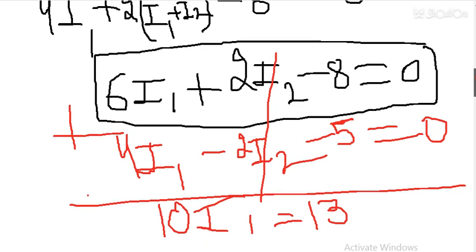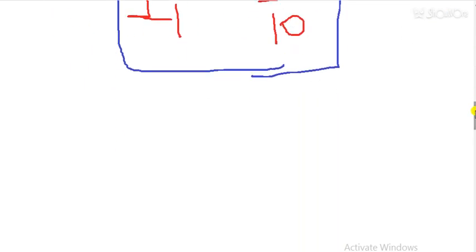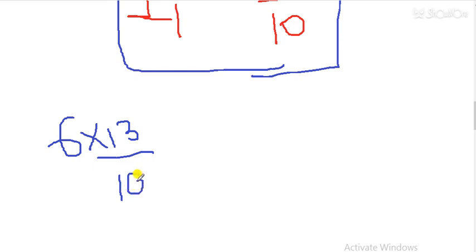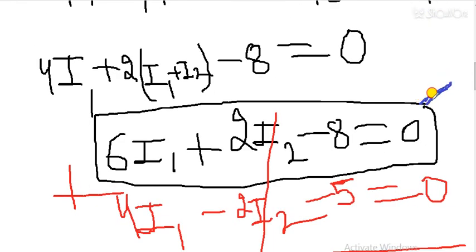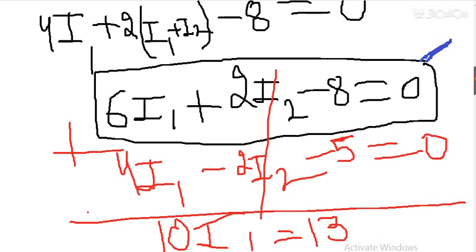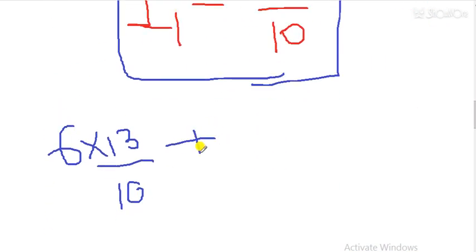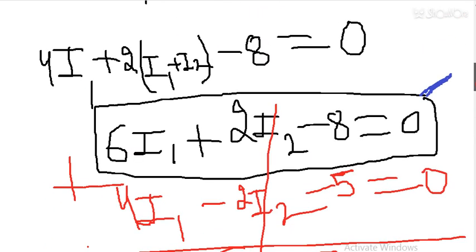So let's suppose I use 6I1 plus 2I2 minus 8 equal to 0.